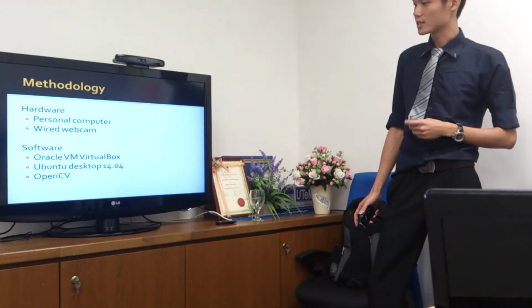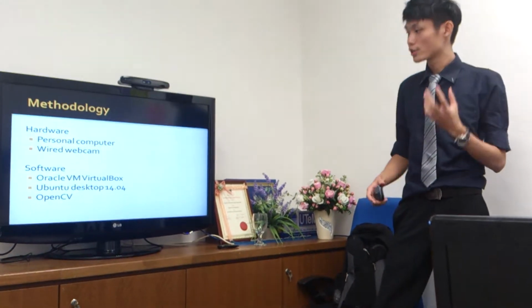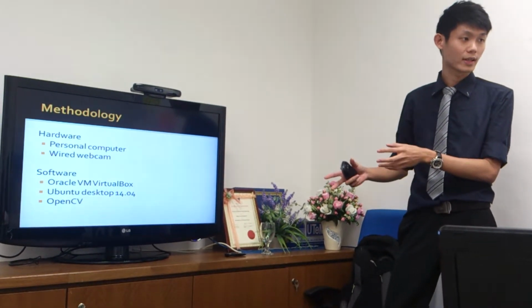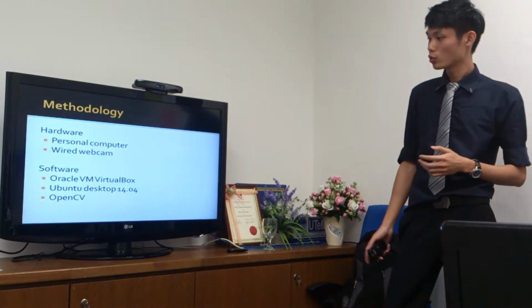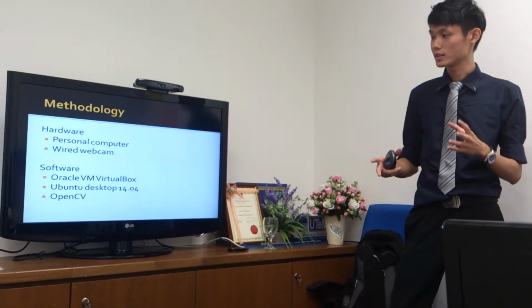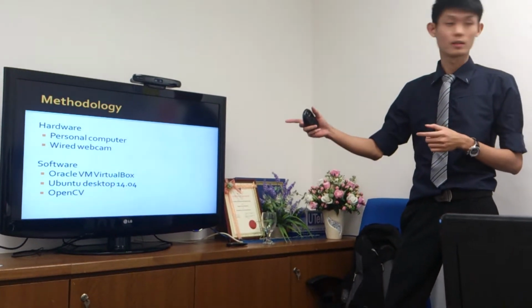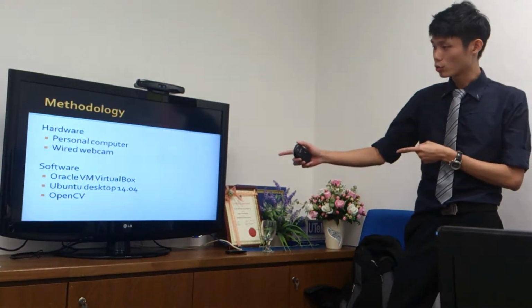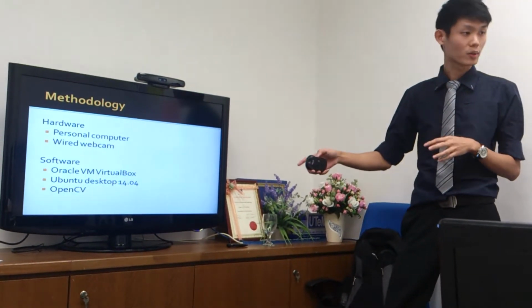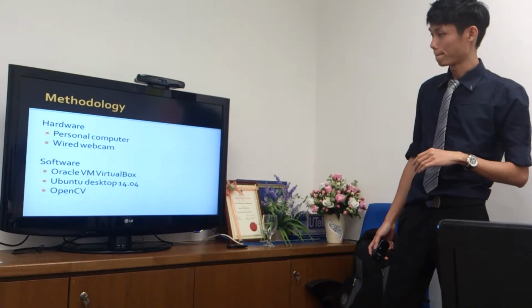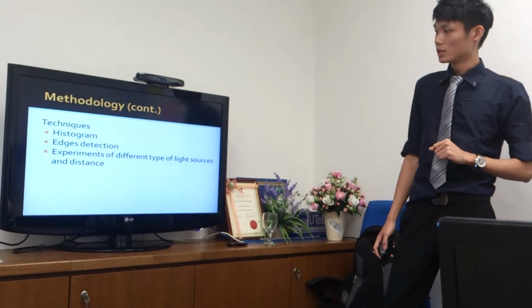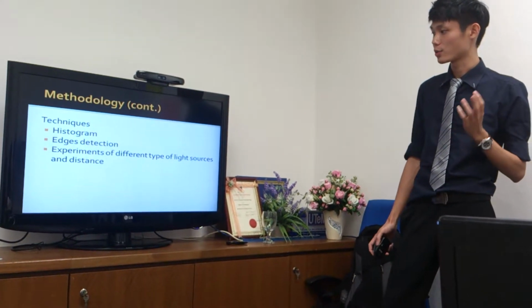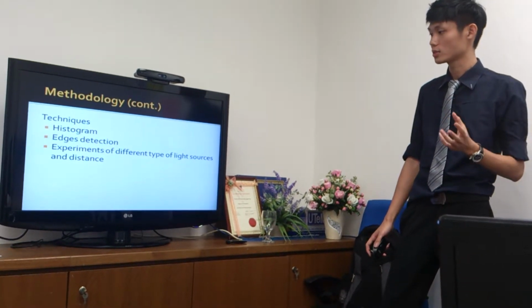It is a virtual machine where we can include another operating system inside the virtual box. Ubuntu desktop is the operating system that we use inside the Oracle virtual box. Inside the Ubuntu we also install OpenCV. The techniques I use are histogram, edge detection, and experiments with different types of light source and distance.